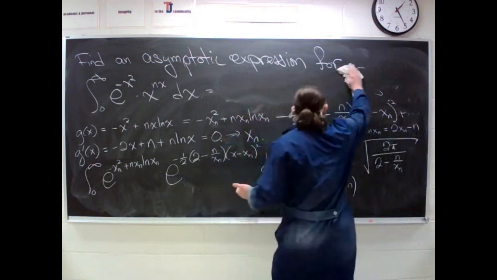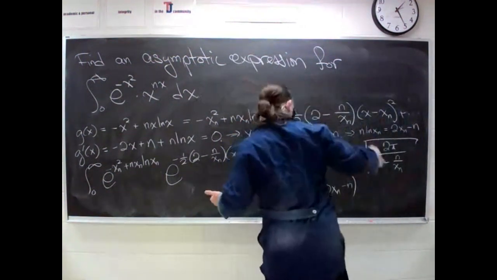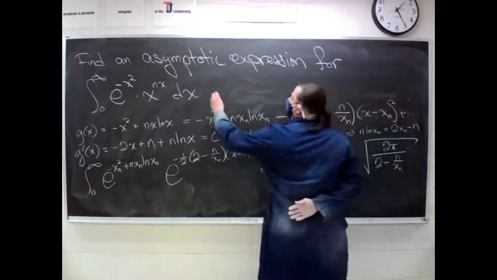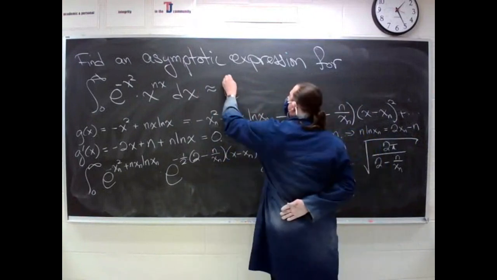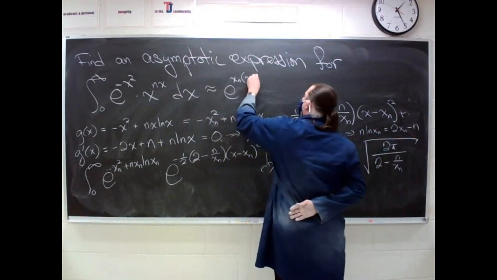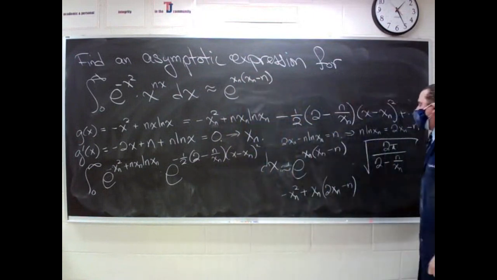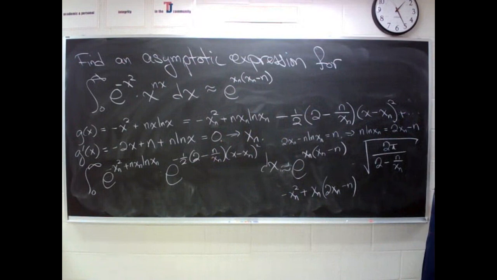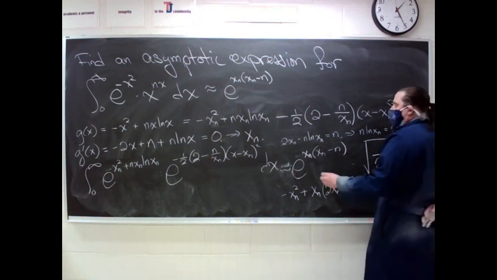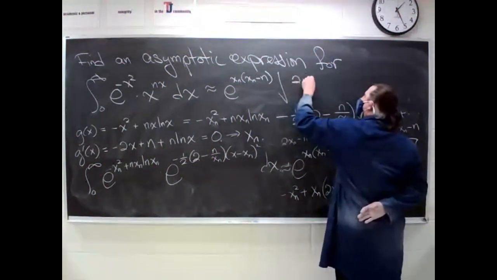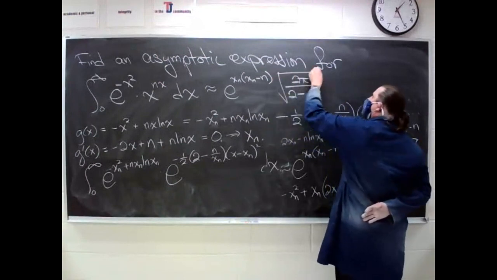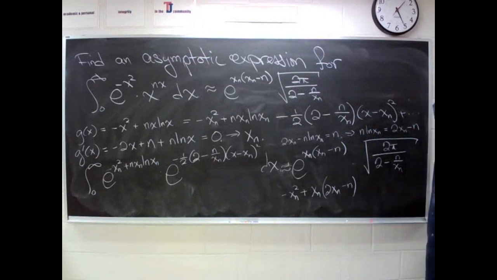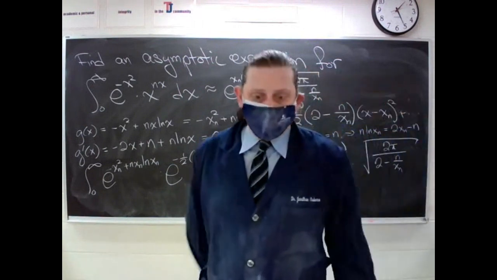I'll write it up here. e to the xn times xn minus n, square root of 2 pi divided by 2 minus n over xn.